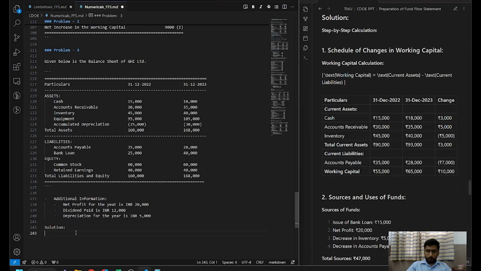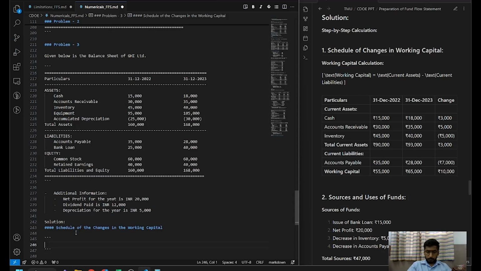Firstly, we'll talk about the schedule of changes in the working capital. Hence working capital is equal to current assets minus current liabilities.